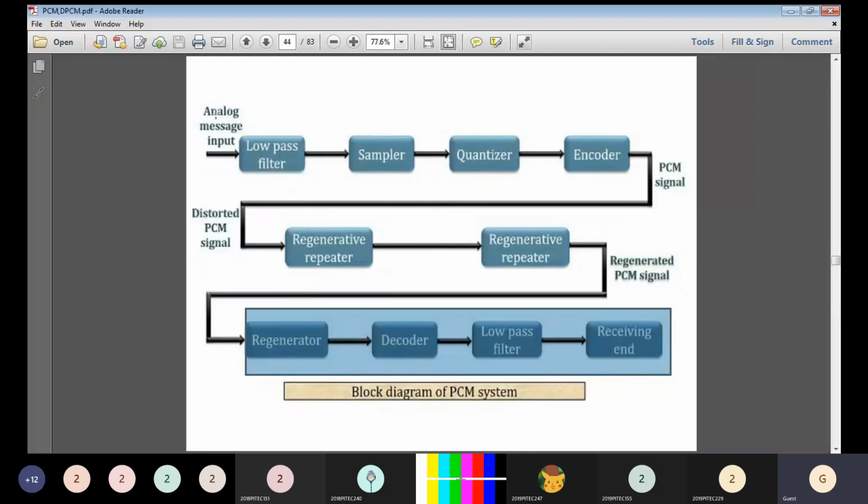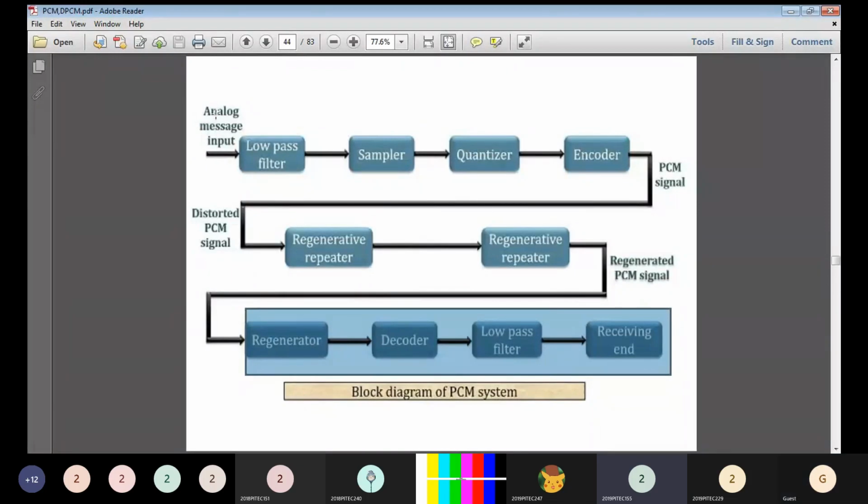That noise can be eliminated, and the transmitted signal is reproduced with the help of the regenerative repeater. It will not introduce any additional information with the input signal. It simply repeats the information we have transmitted to the next device available at the transmission path.